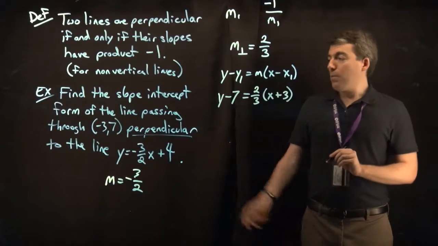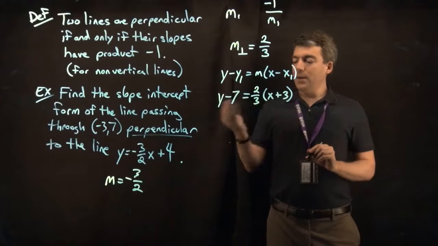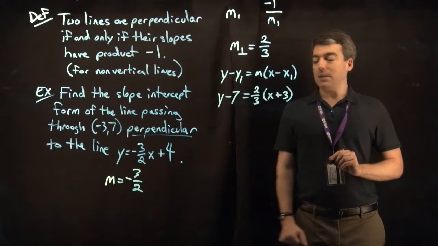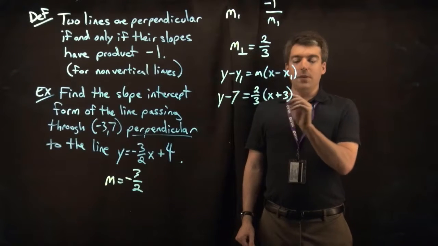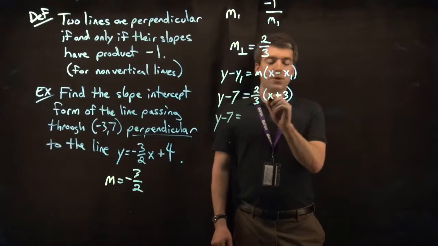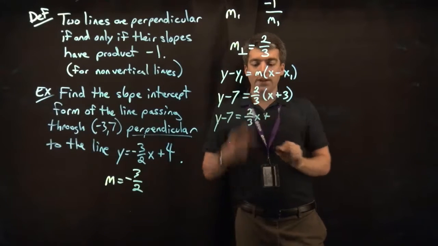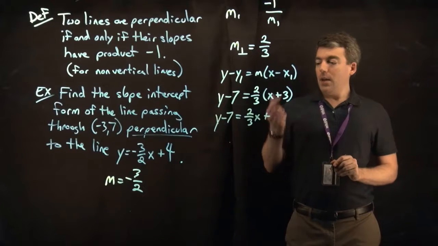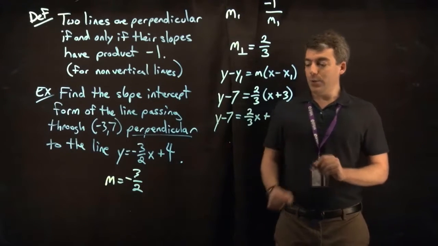All right. Now the example wants us to put this into slope-intercept form, so we'll put this into y equals mx plus b form. First thing to do would be to distribute the 2/3 into the x plus 3. So y minus 7 equals 2/3 x plus 2/3 times 3. Well, 3 times 2 is 6, divided by 3 is 2.